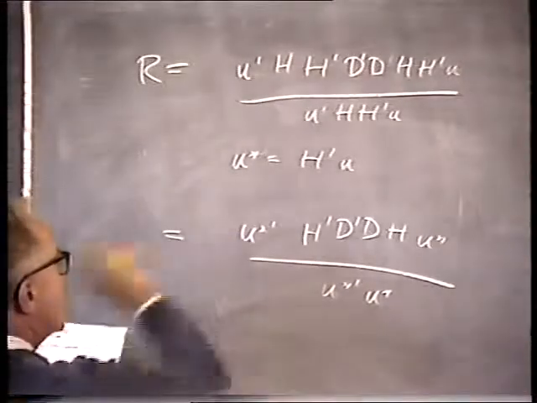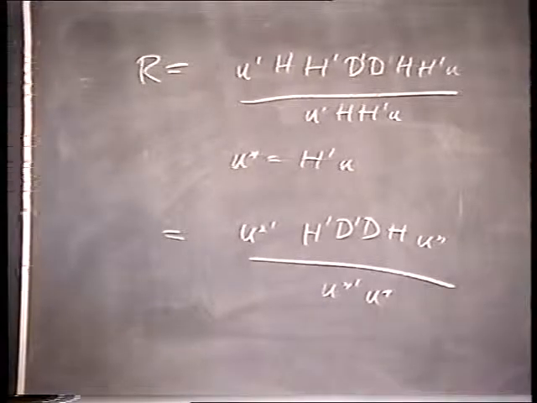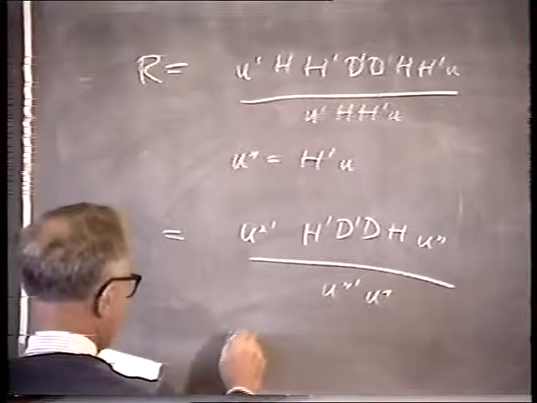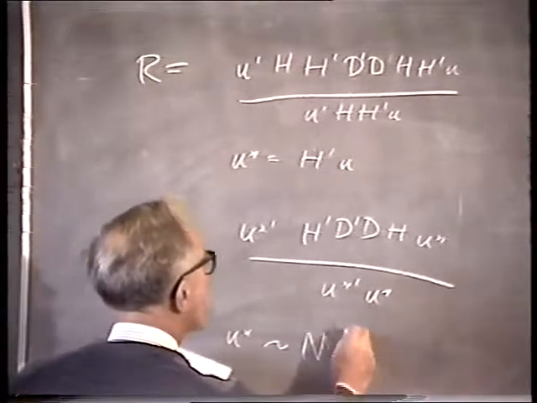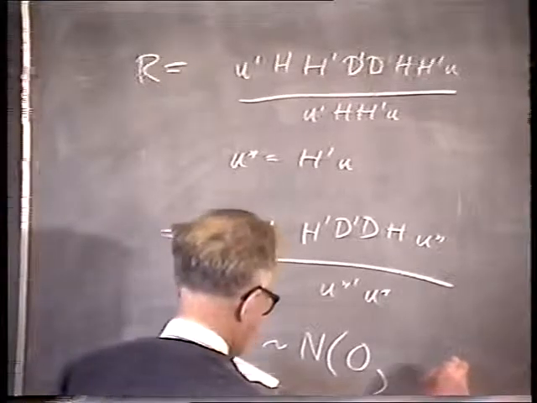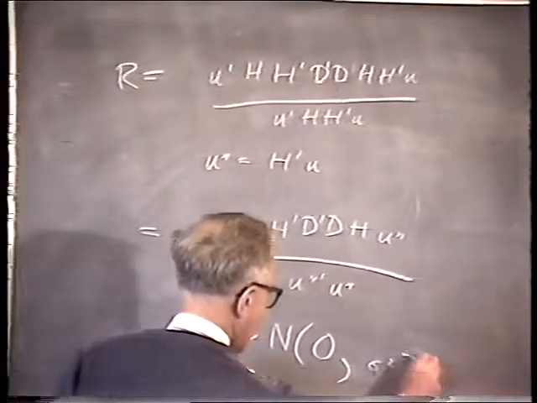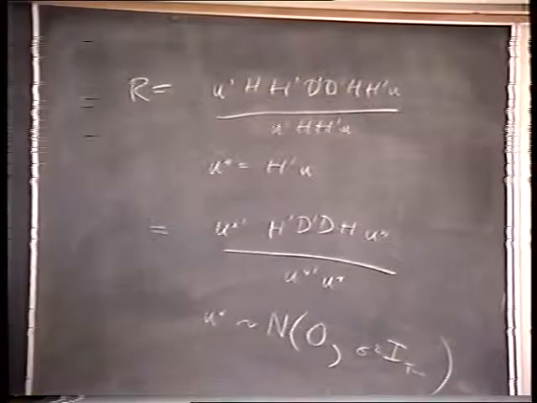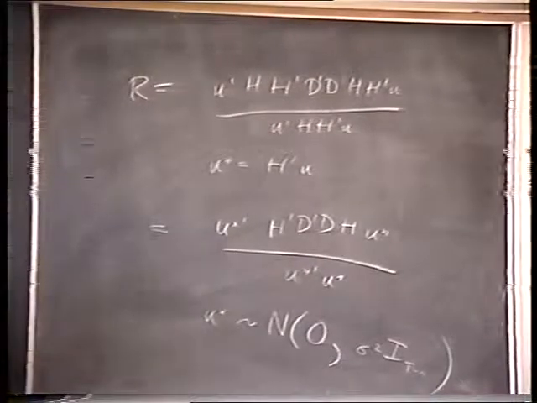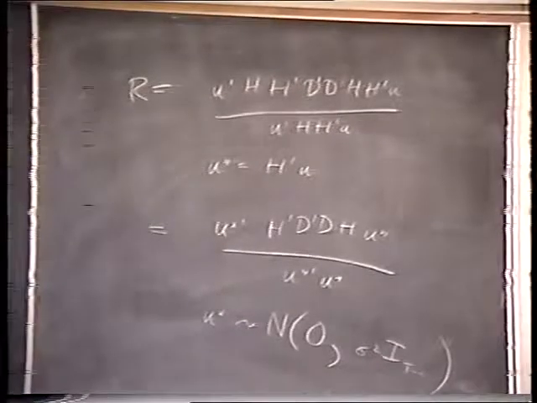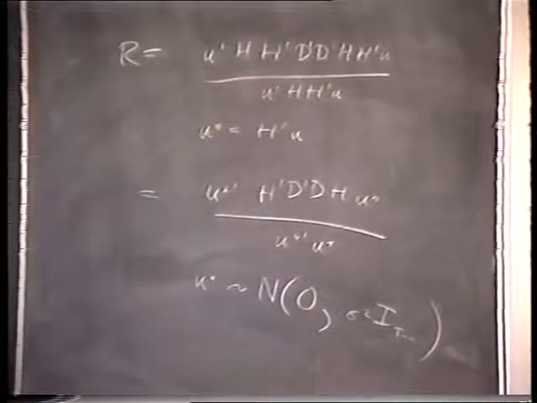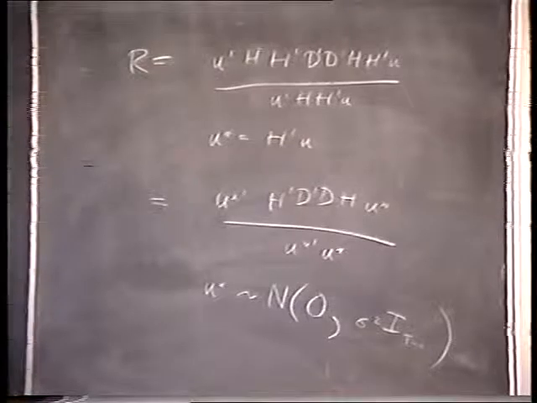And using the usual properties of orthogonal transformations, this is essentially an orthogonal transformation of the U's into the U stars, we notice that we also have that U star is normally distributed, mean 0, variance sigma squared I, but this is now I of order T minus N. Well, this type of formula is the formula that the Imhoff procedure is particularly appropriate to deal with.